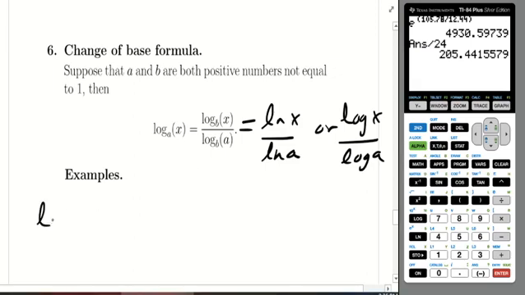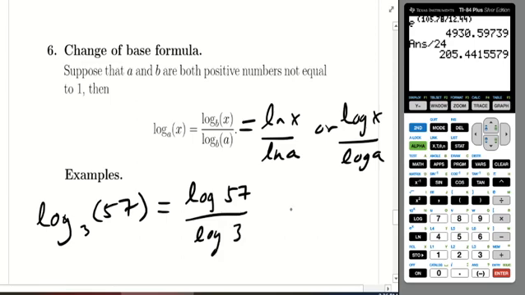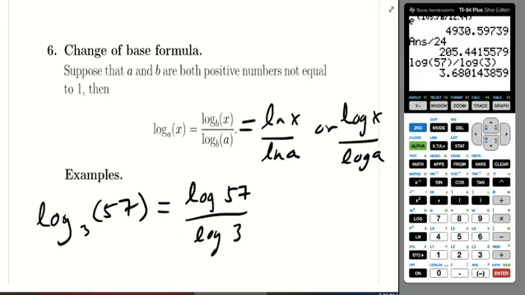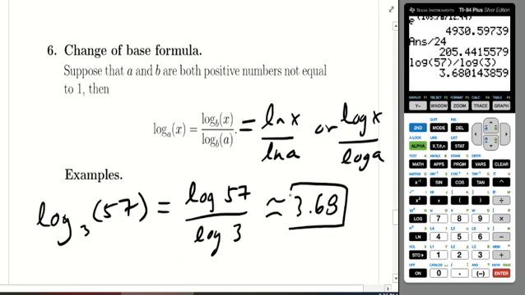So for instance, if I wanted to do the log base 3 of 57, that's going to be log 57 over log 3. So here, log base 10 of 57 divided by log 3 is about 3.68. So you'll be asked to do that a couple times maybe in your homework.